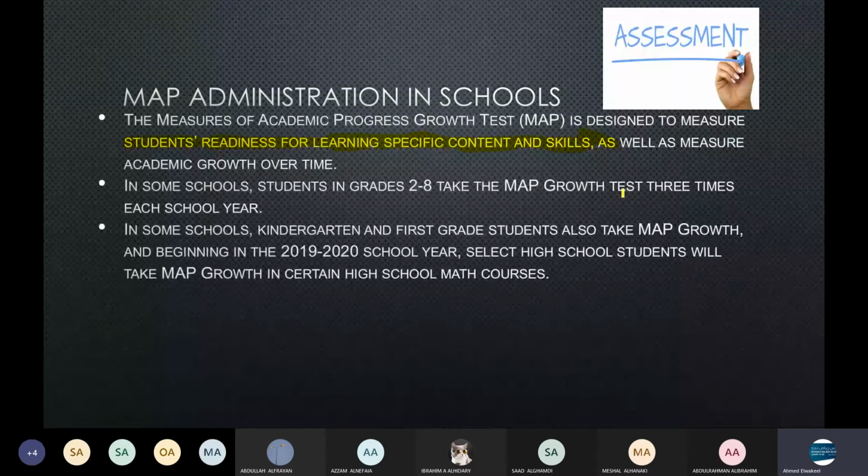In some other schools, kindergarten and first grade students also take math growth at the beginning. Like the high school students will take math growth in certain high school math courses. So we need to get you ready for the certain courses you are gonna have next year.